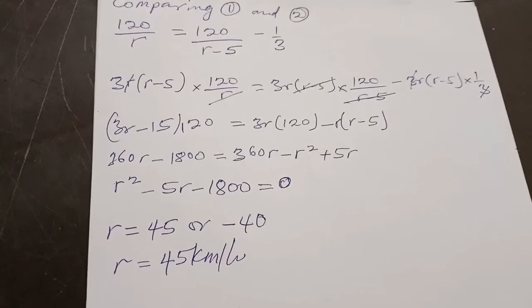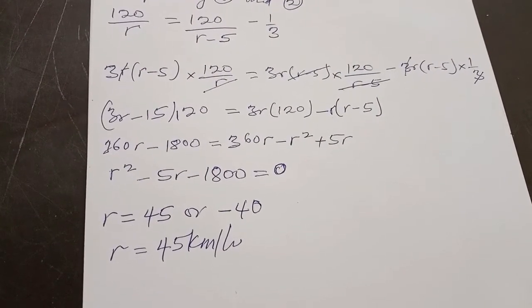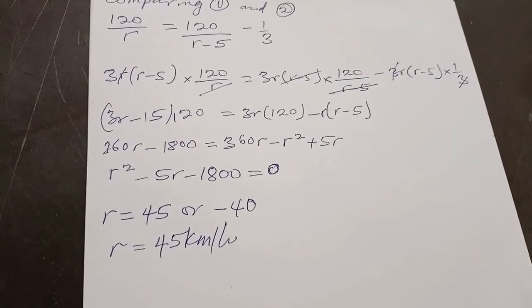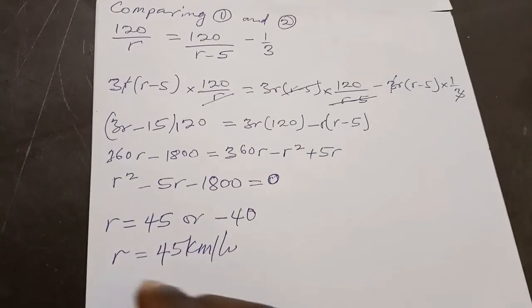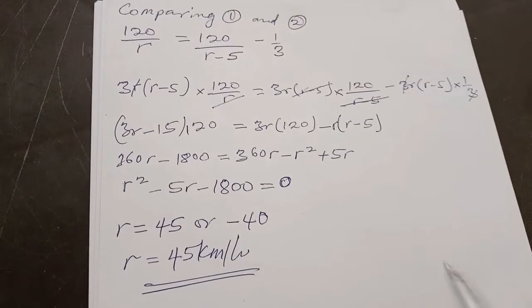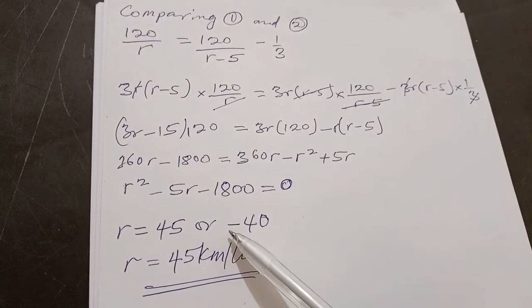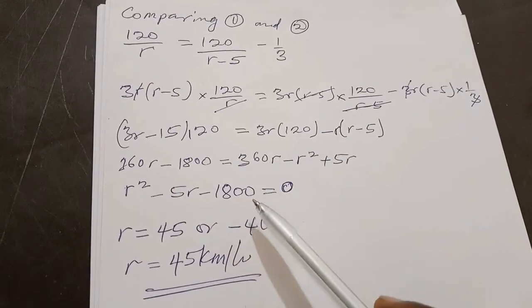So we can say that therefore the average speed of the train before the technical challenge was 45 kilometers per hour. And from here we just wrote the answer because I have a number of videos already on how to solve quadratic equations.